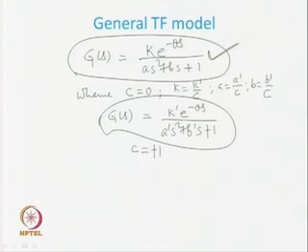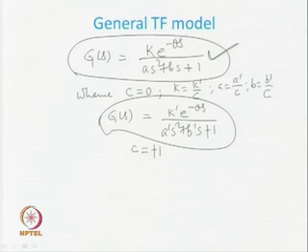Now, what benefit do you get from this? Whatever expressions we will discuss can easily be extended for identifying a variety of process dynamics. The process can possess integrating characteristics, can possess unstable dynamics, still the equations can be employed to find different types of transfer function.